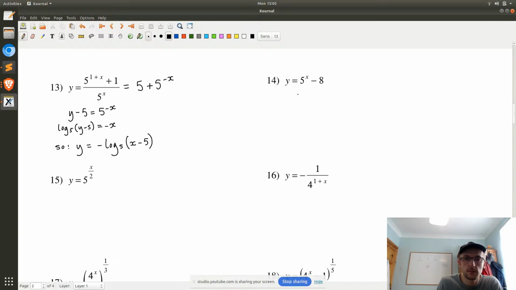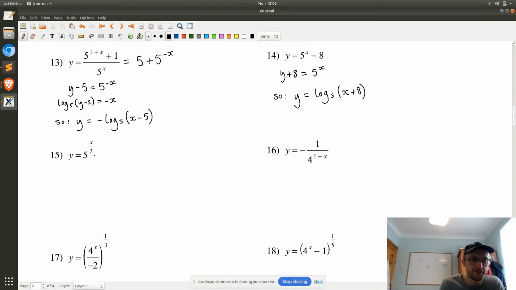Here, y at 8 equals 5 to the x. Log base 5 of both sides. There. Next.